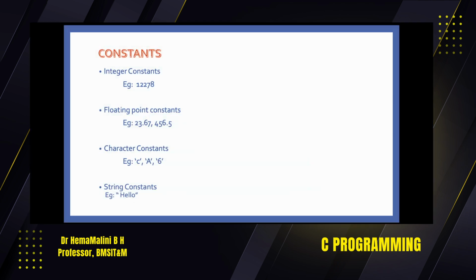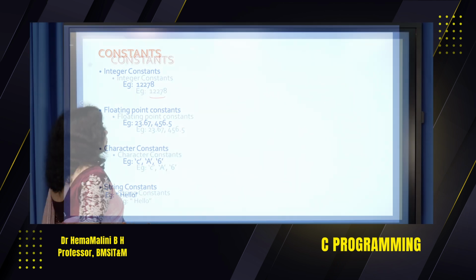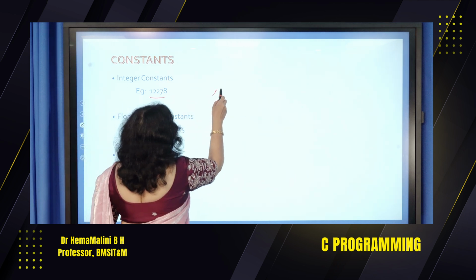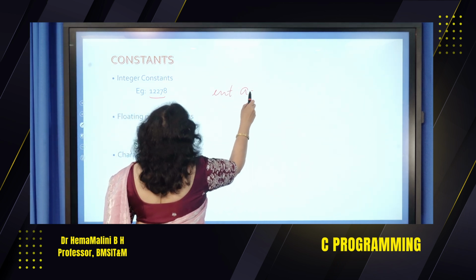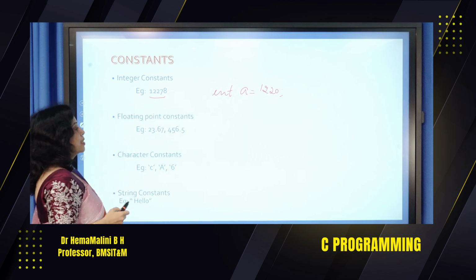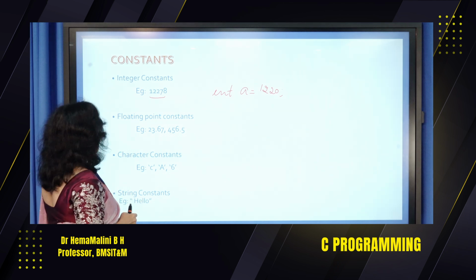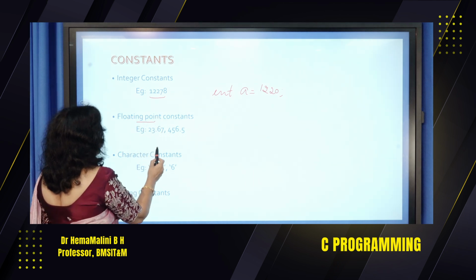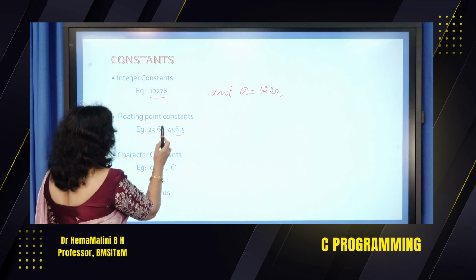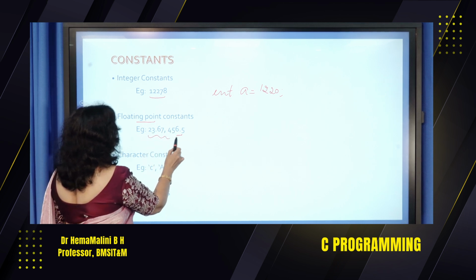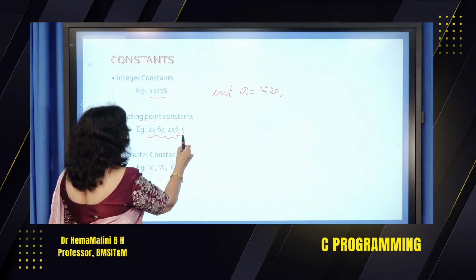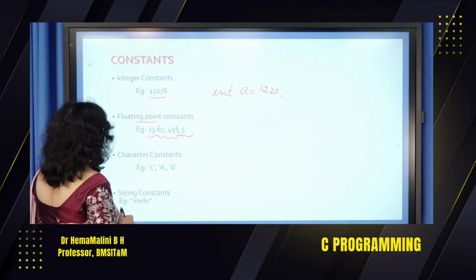Integer constants: say some value is stored in some variable, say int a equals 1220, something like this. So this is an integer constant. A floating point constant will have a decimal point. It has the integral part, then a decimal point, then the fractional part.